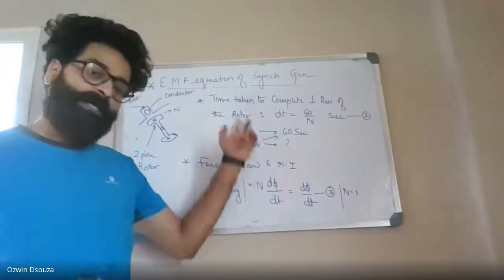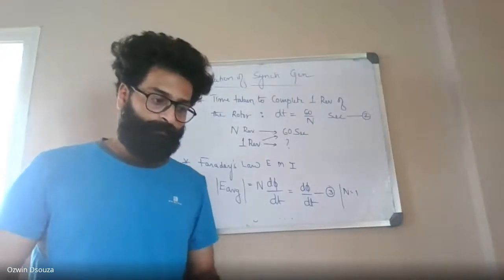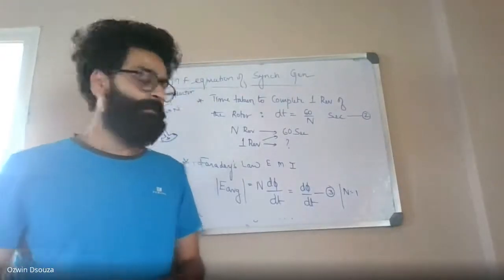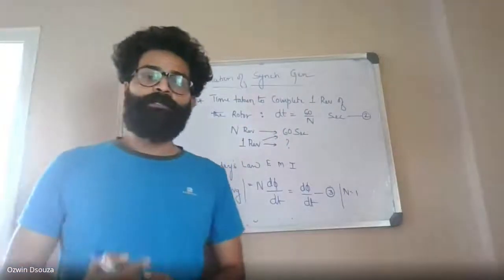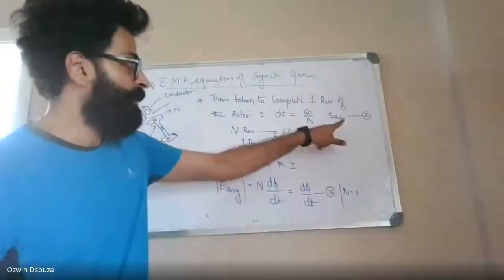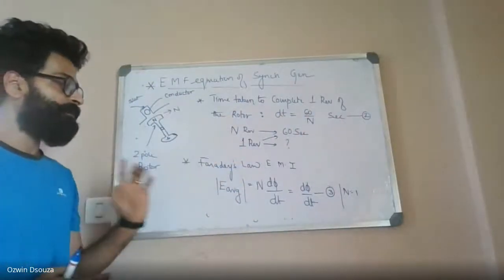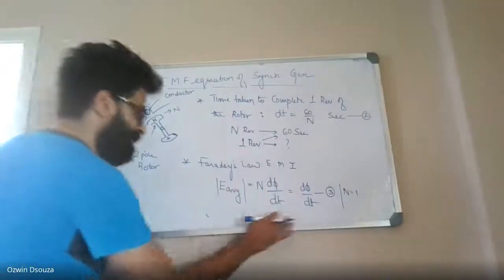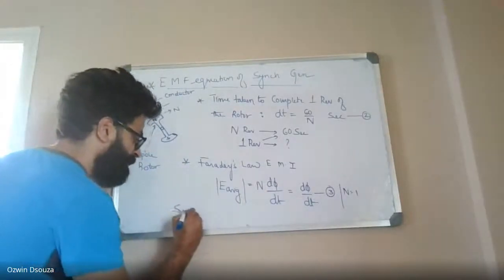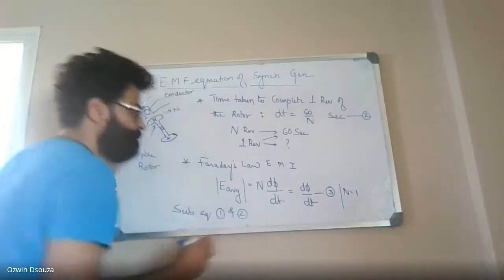So d phi we got as P into phi, and dt we defined as the time taken to complete one revolution, and we have equation 2 for dt. Now you can substitute equation 1 and equation 2 in equation 3.